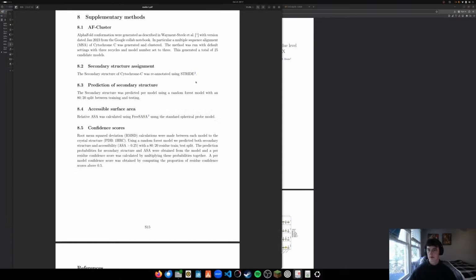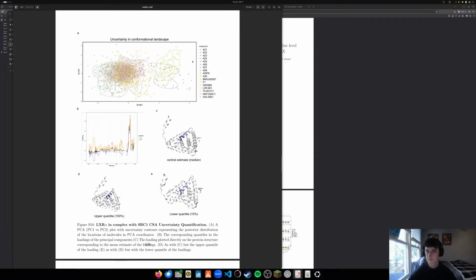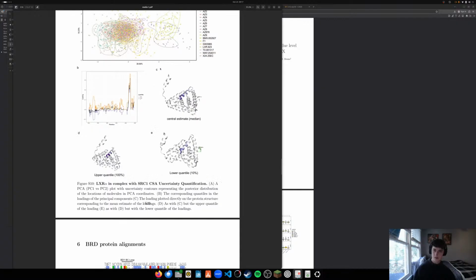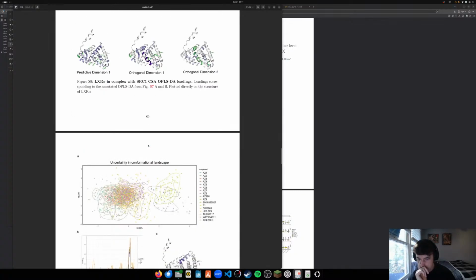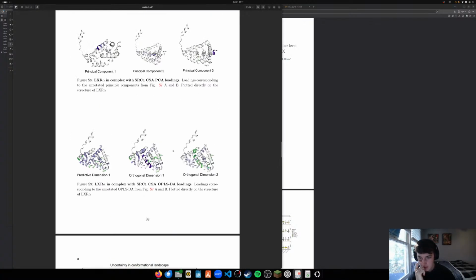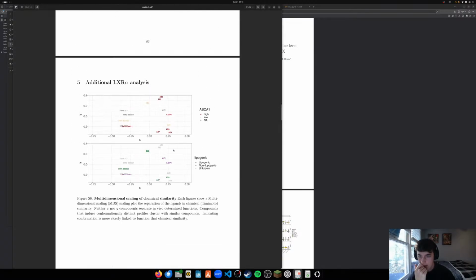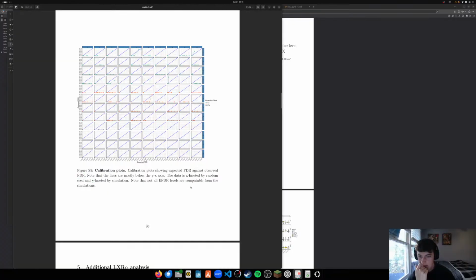I guess they're just showing stuff. Uncertainty and conformational. This looks like a mess. I don't know what this means.